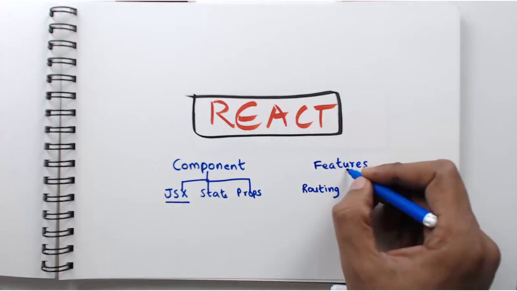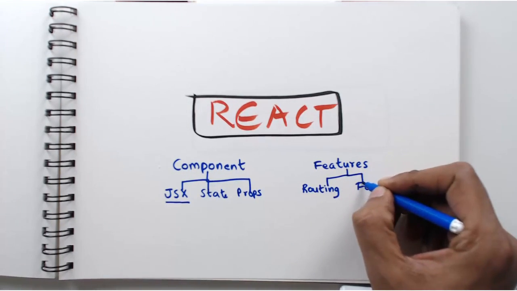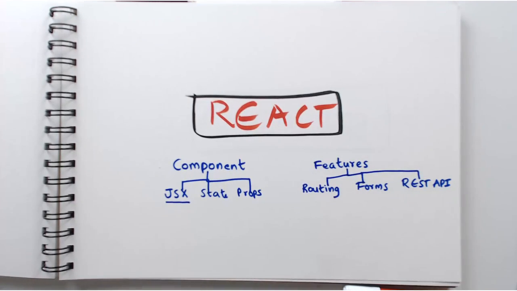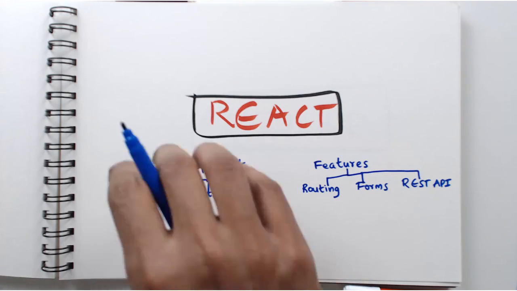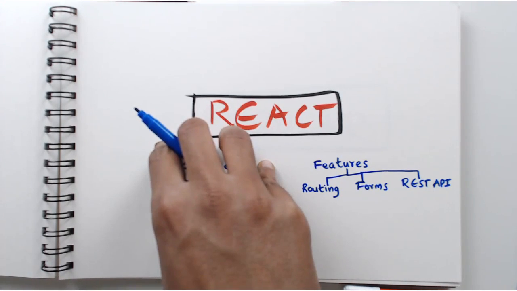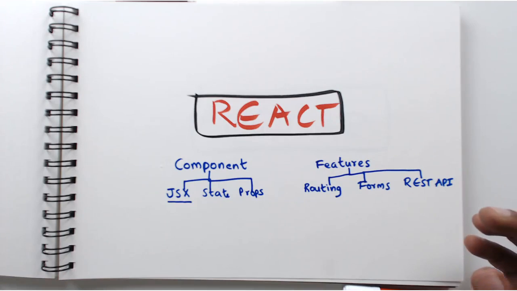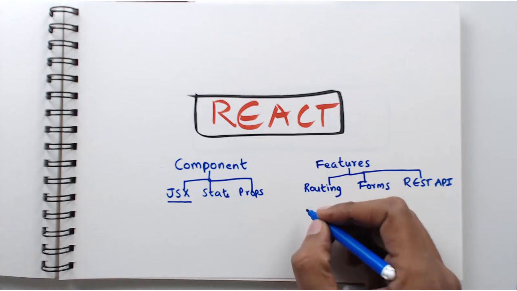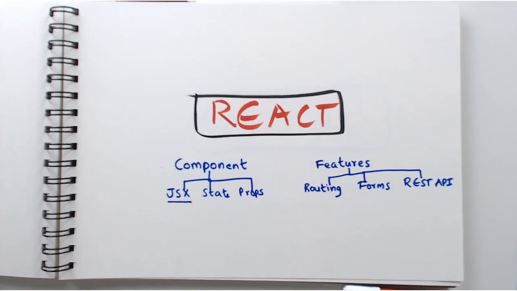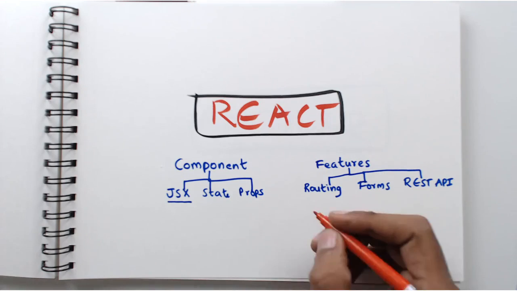So these are some of the features that you typically build into your front-end applications, and you'd want to learn how to do that. In React, the basic framework provides only the support for the base components. It does not support routing or forms or REST API. You need to bring in additional components or frameworks to be able to do these things. Now, what are the frameworks that are useful for that?